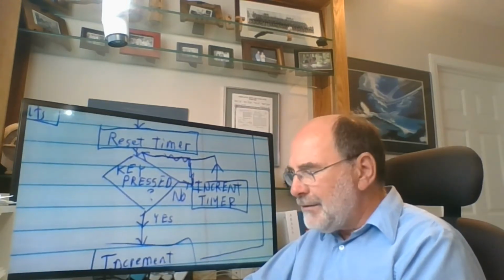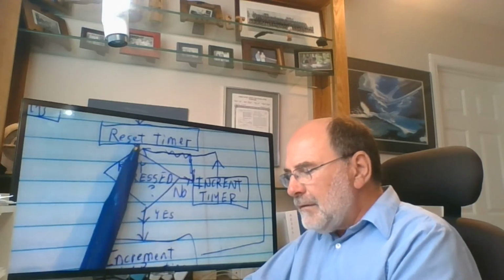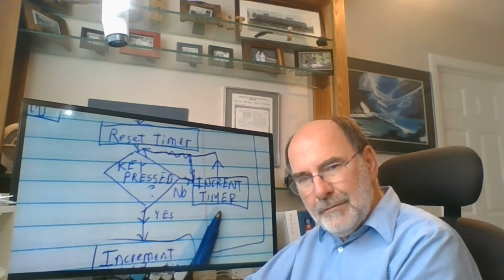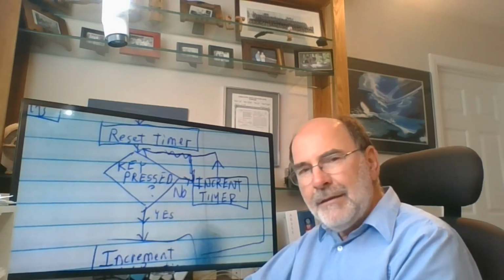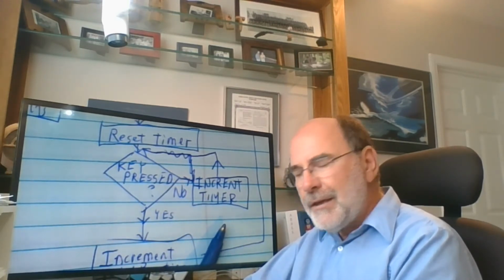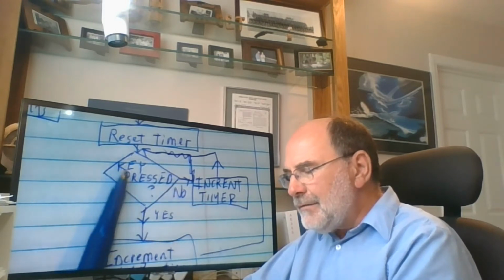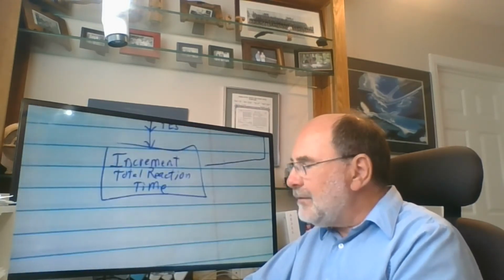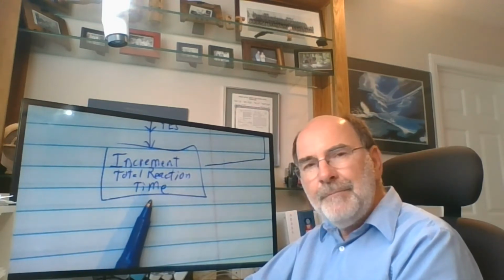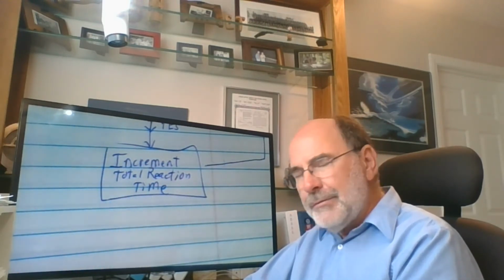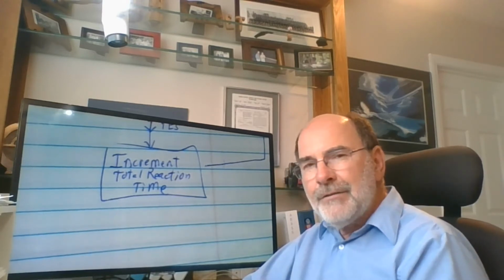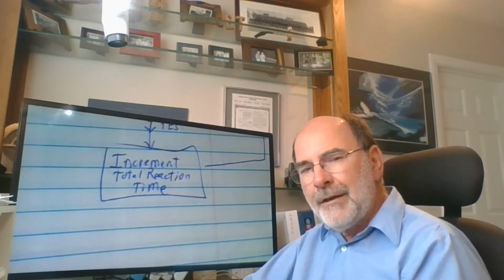And this is a little messy here, but basically, if a key has not been pressed yet, then increment the timer, which I calibrated to be 1/100th of a second per cycle, until a key is pressed. And once the key is pressed, great, then tally up the total amount of time that the person has spent with this reaction time, add it to the total for all 10 trials.